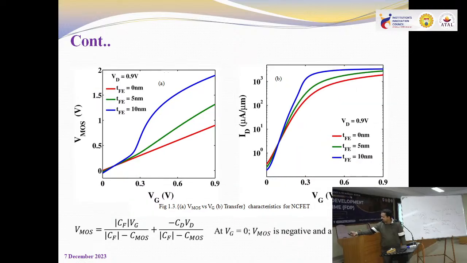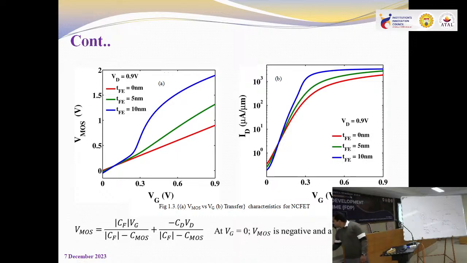It's between 1.5 to 2. And in the blue graph, for 0.9, VMOS equals 1 point something. So obviously amplification is there. Now, there is an interesting case that comes at VG equals 0. What is happening at VG equals 0? Both are 0.